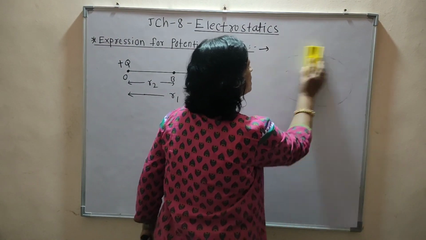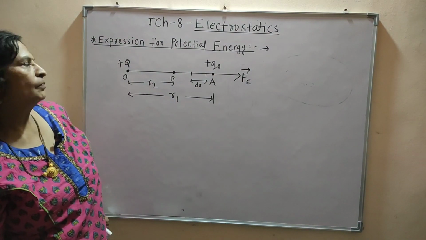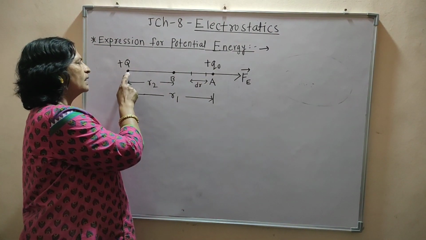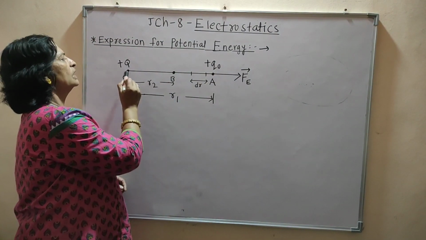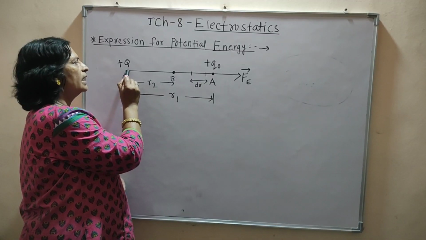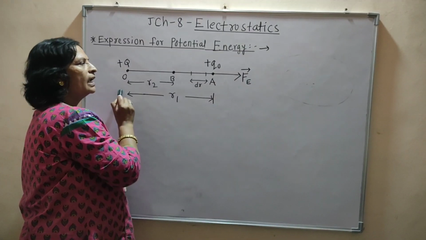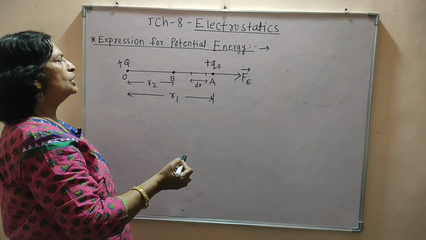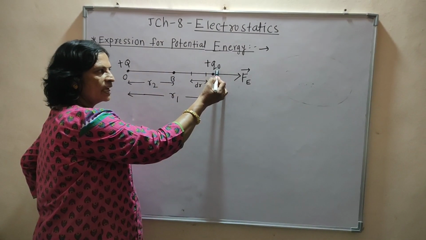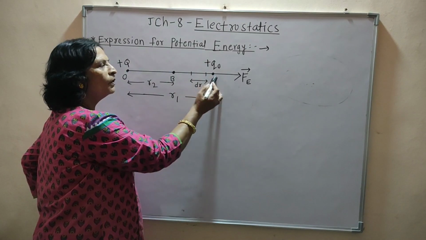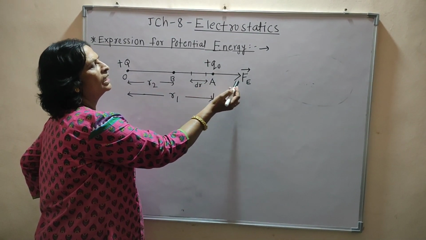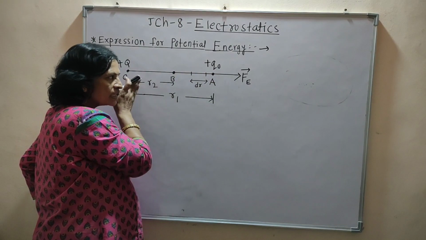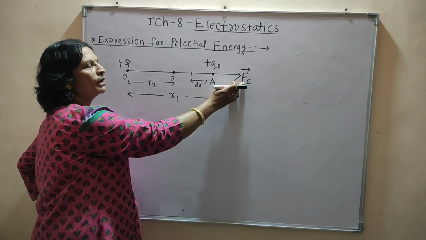Now we have to obtain the derivation for this electrostatic potential energy. For that purpose, we have to consider a figure. In this figure, plus Q is the source charge, and it produces a field. In that field, the unit positive test charge is there. Then there is a force of repulsion, and we have to bring this charge against this force of repulsion.